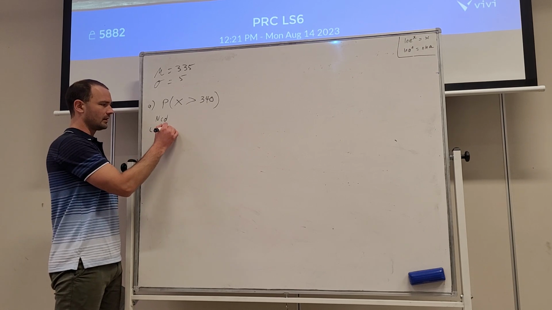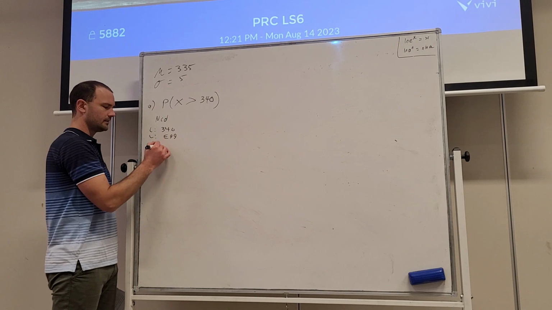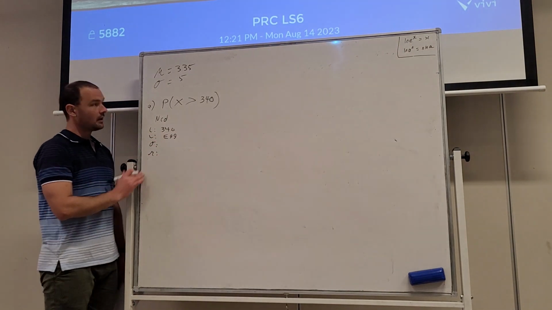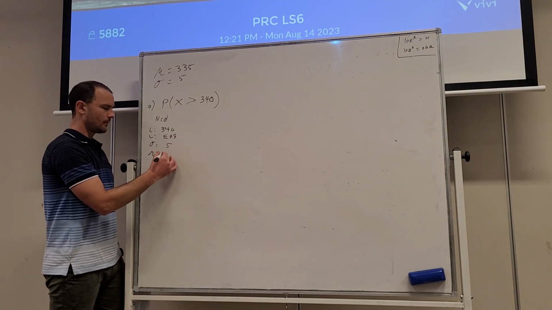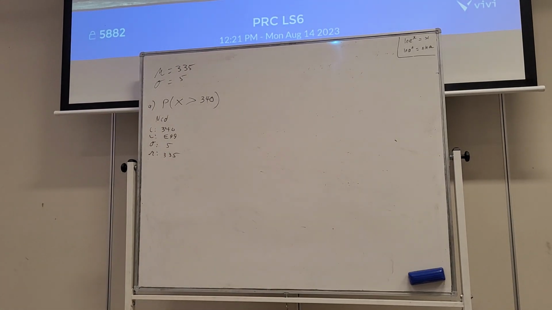Our lower boundary is 340, our upper boundary is infinity. Standard deviation and mean. Our standard deviation is 5, our mean is 335. This is all we're calculating for part A. All right, it's just a normal distribution calculation. So 340, infinity, 5, 335.